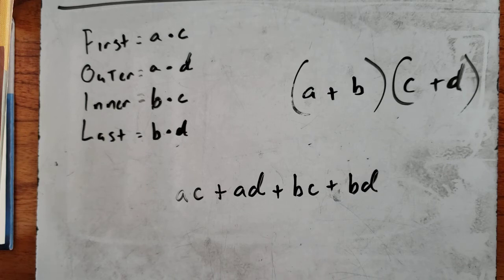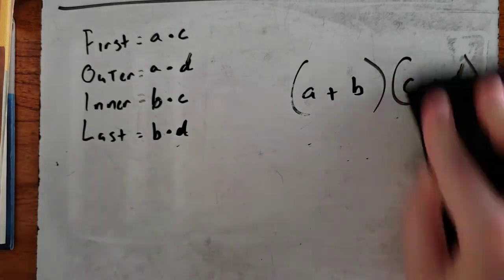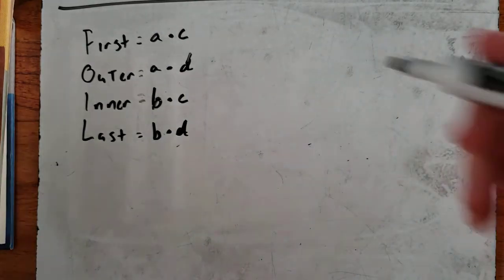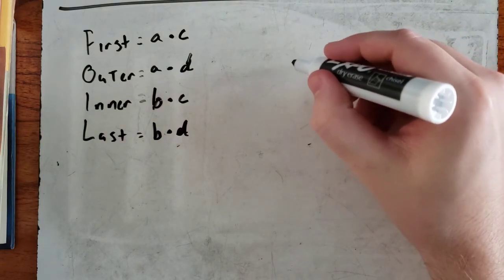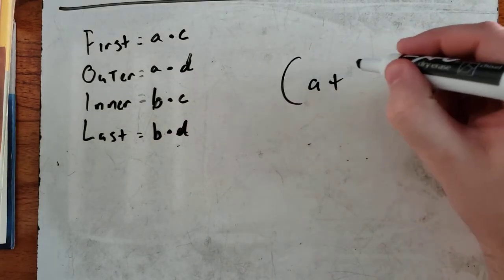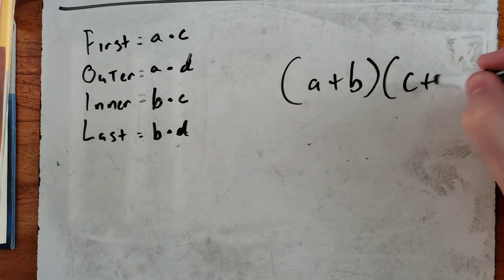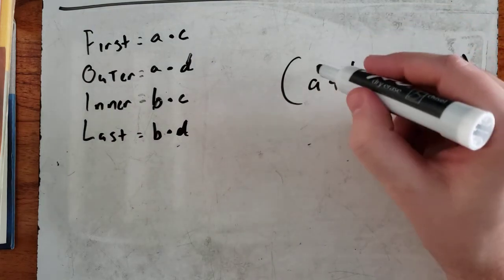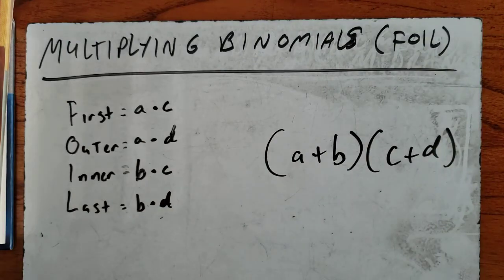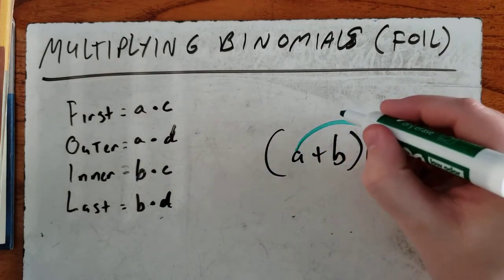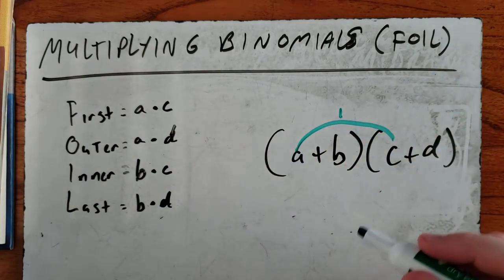Let me show you one more way of how we're doing this, okay? So if we're still keeping this A plus B, C plus D, right? The first term here, that's the first one you multiply, okay?